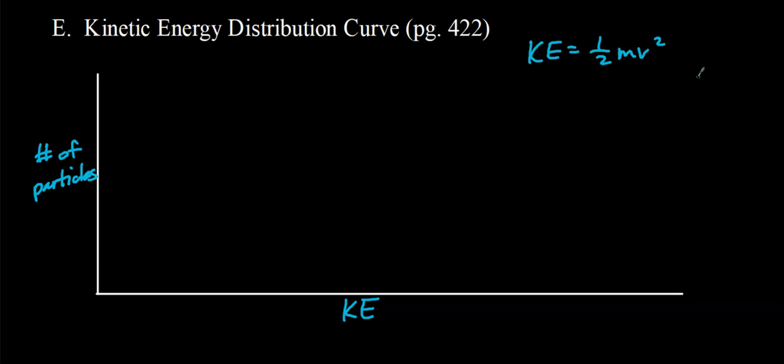So if we're talking about a particular substance where mass is constant, then if we have a certain temperature, there's a certain average kinetic energy. The particles are moving at a variety of speeds, and so again, we get a variety of kinetic energies. So let's take a look at what that looks like.